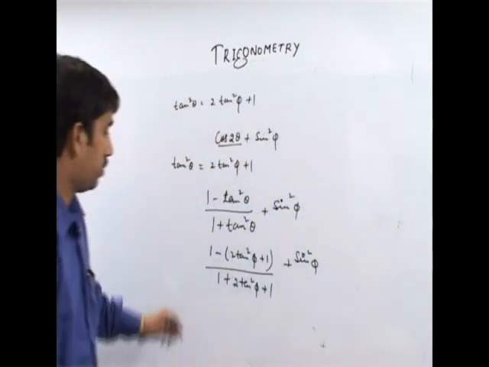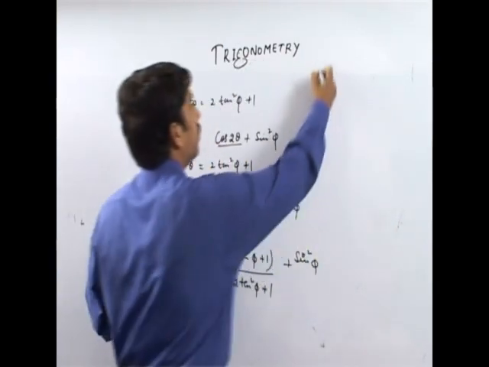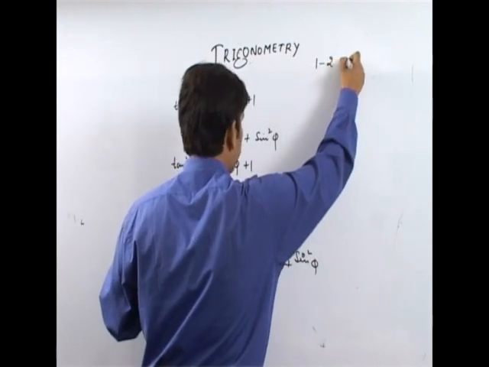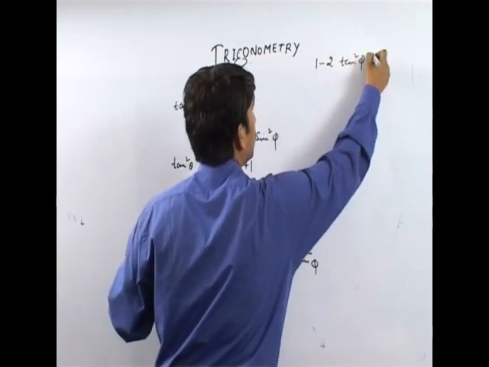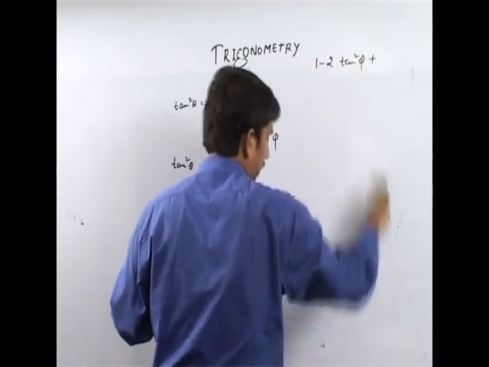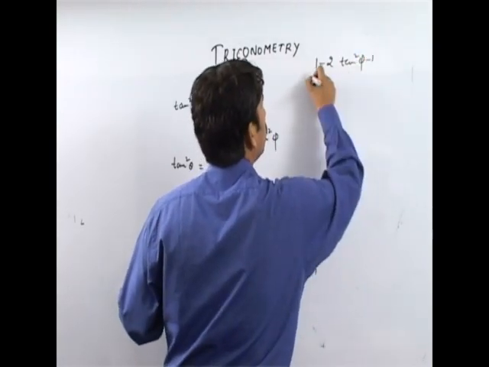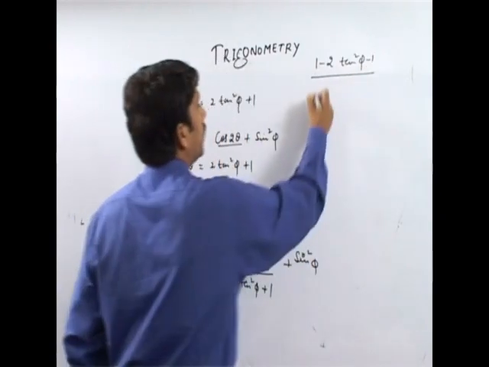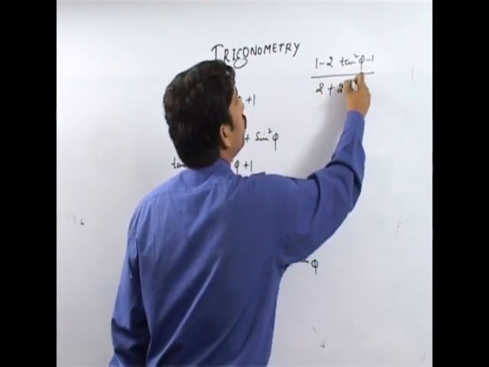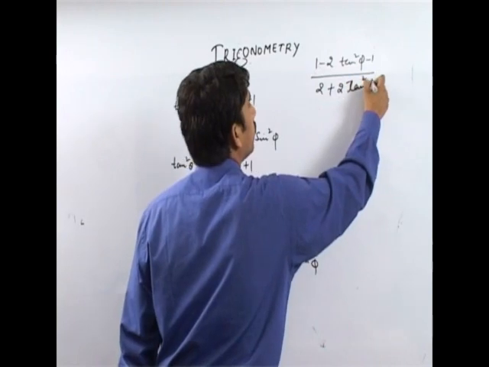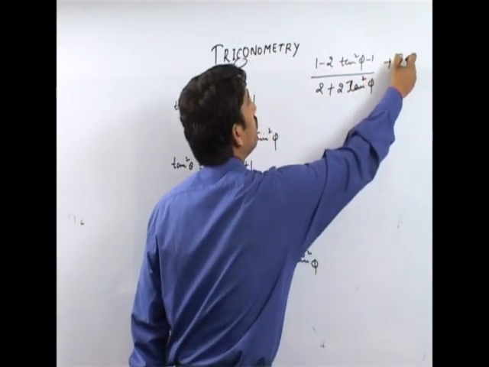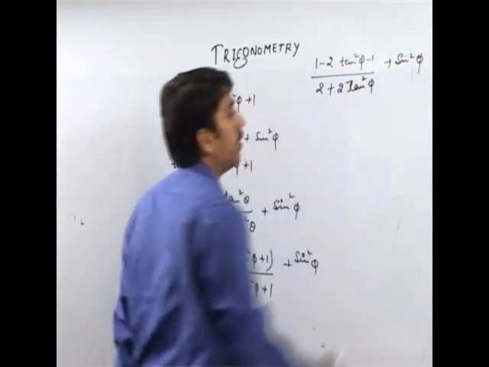Now by simplifying this, you will get 1 minus 2 tan square phi plus 1 minus 1 over 2 plus 2 tan square phi plus sin square phi.